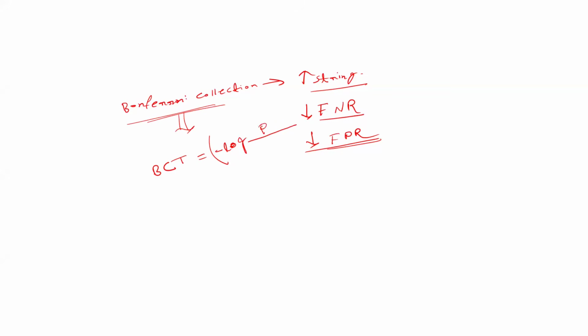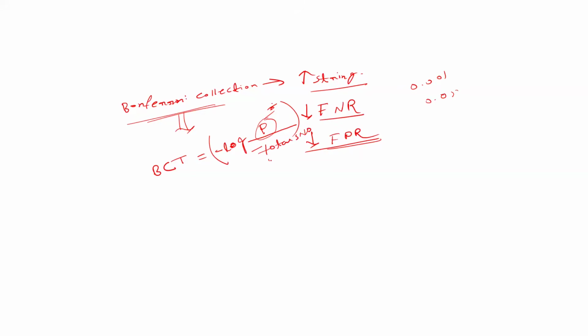P means probability, 0.05. The p value means significance, how much significance you want. If you want more significance, you can use 0.001, or you can use 0.05. Generally 0.05 is used.